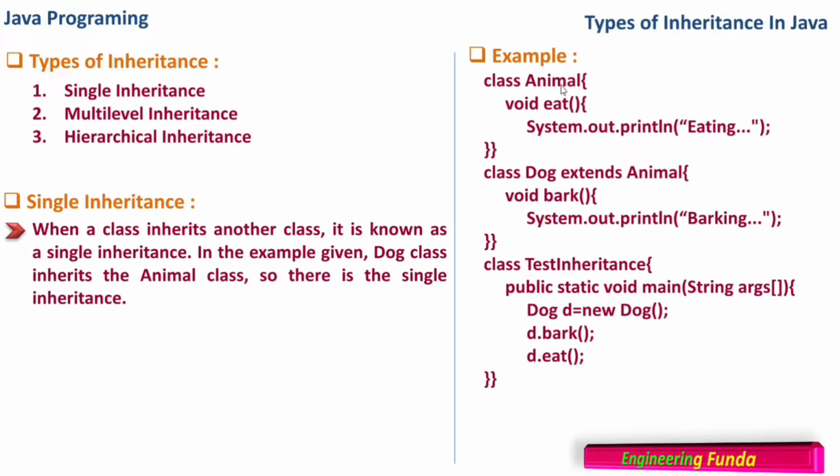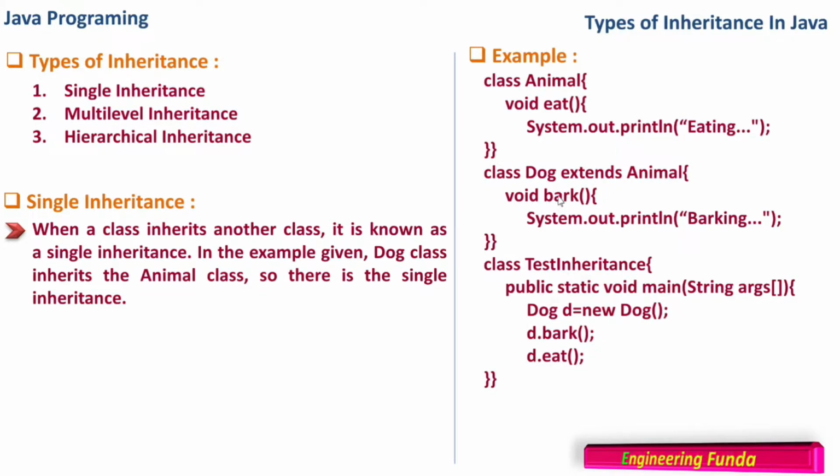So there is a class animal which has a method eat, which has a return type void, that means it is returning nothing. In this method eat, we are just printing a text which is eating. Then we have this class dog which extends animal.